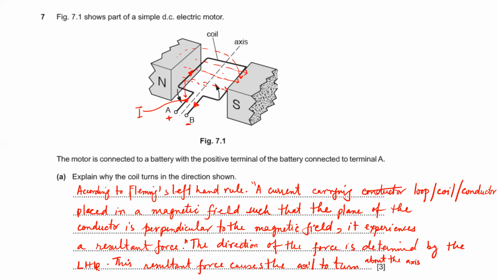Again, you can also write that there is a resultant force that causes the coil to turn around the axis. You can just talk a little bit about the clockwise or anti-clockwise motion as well. But again, the direction is given, so that is fine. So this is how, in a broader way, you can explain what happens when a current carrying conductor is placed inside a magnetic field.